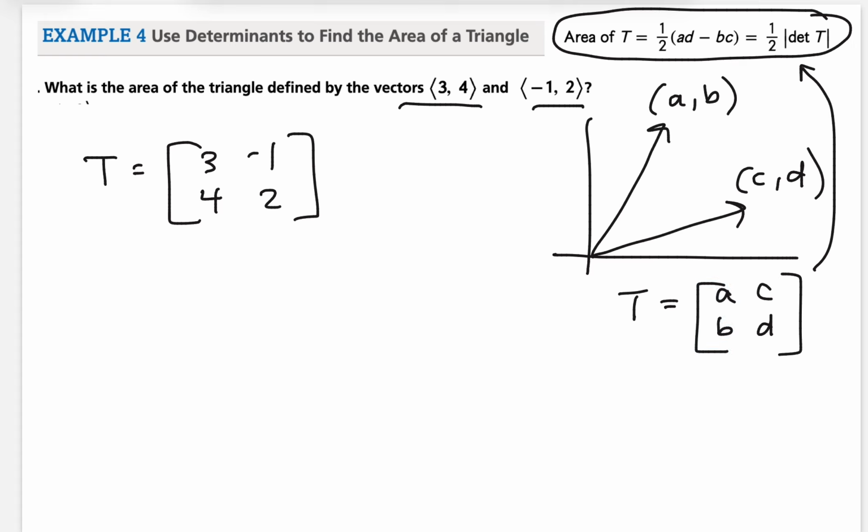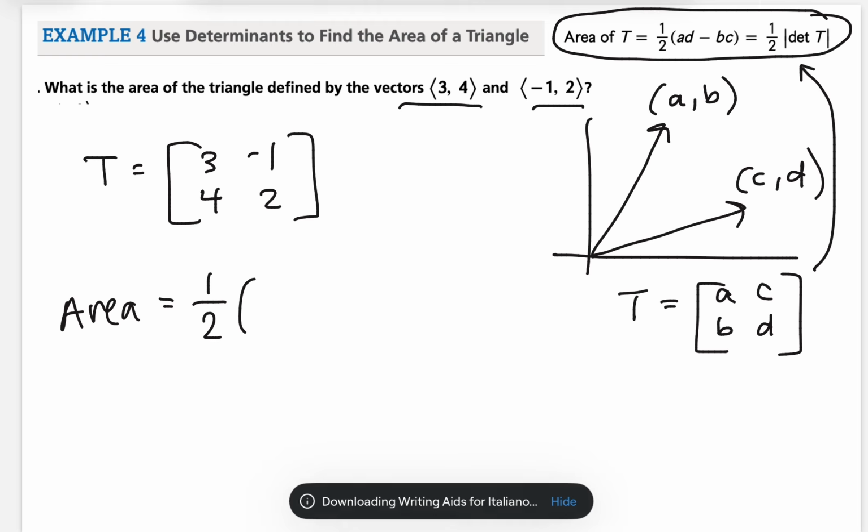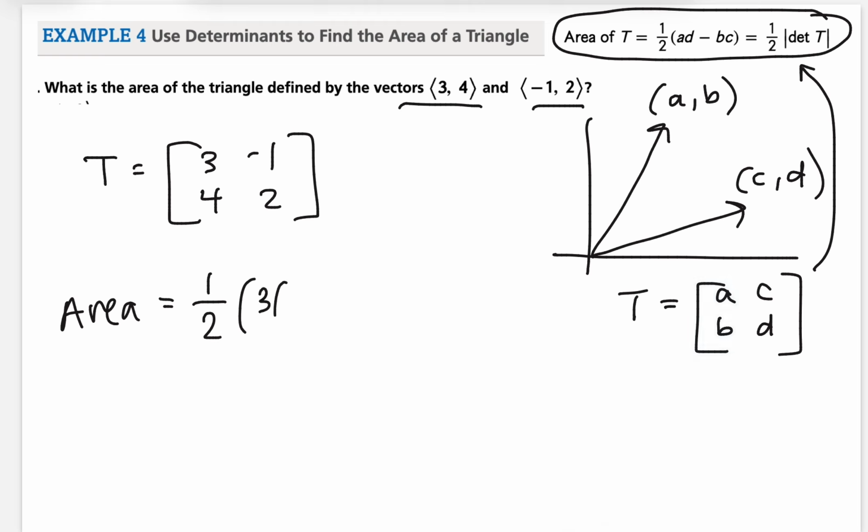So the area of T equals 1/2 times AD minus BC. That would be 3 times 2 minus negative 1 times 4.